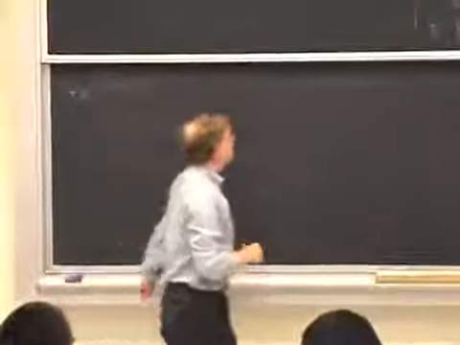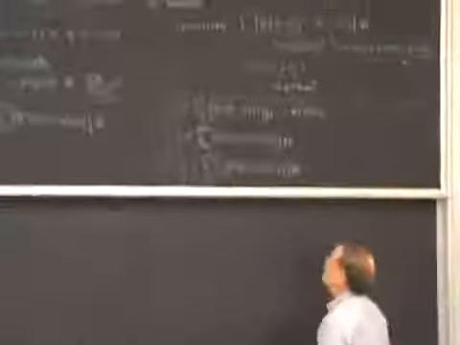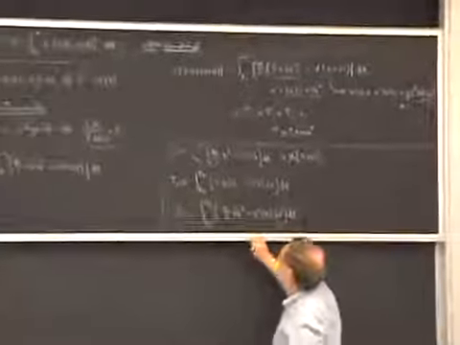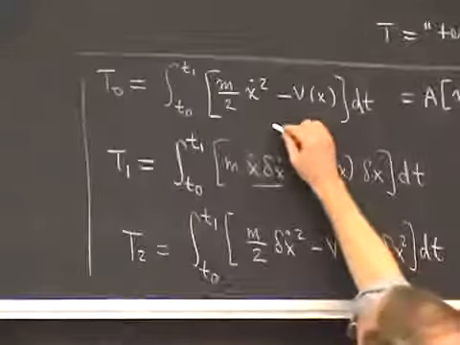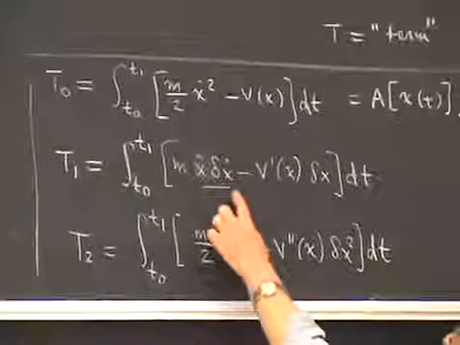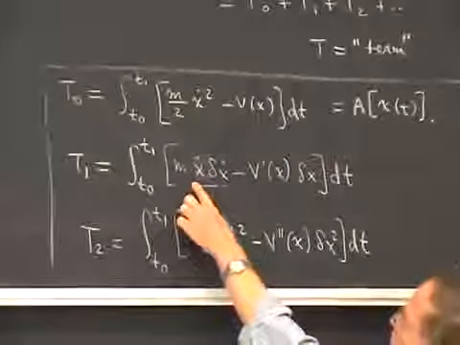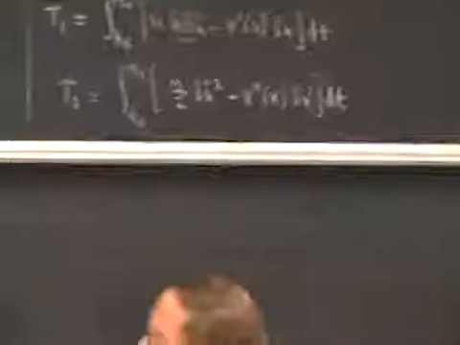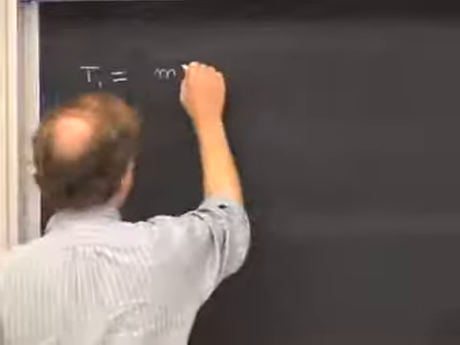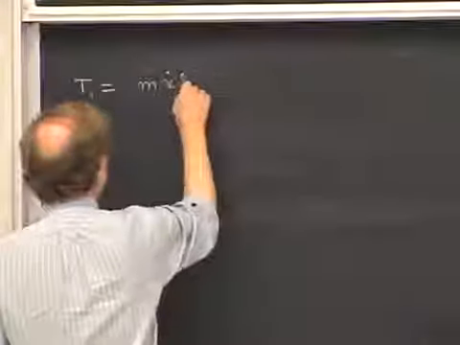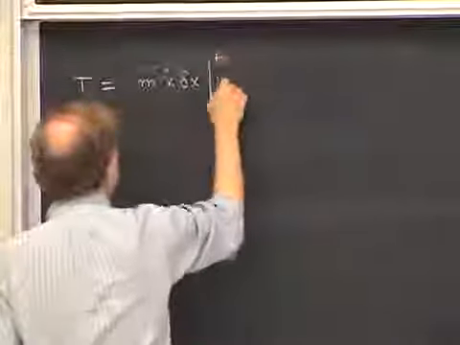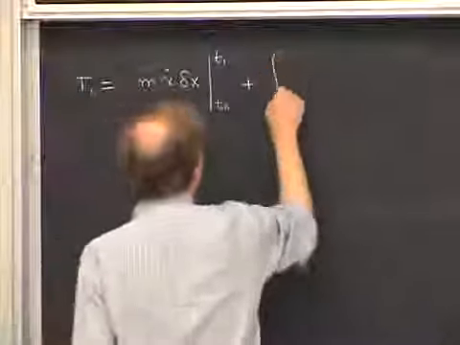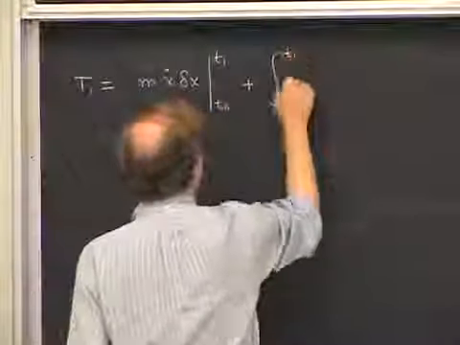Now let's take a look at T1, which is the first order correction, right here. Look in particular at the term x dot delta x dot. What I want to do is integrate this by parts. So that means I'll integrate the delta x dot, and then I'll differentiate the x dot and change the sign, and there's a boundary term. If you do this, then T1 becomes equal to the mass times x dot times delta x, evaluated from t0 to t1, plus the remaining integral, which is from t0 to t1.